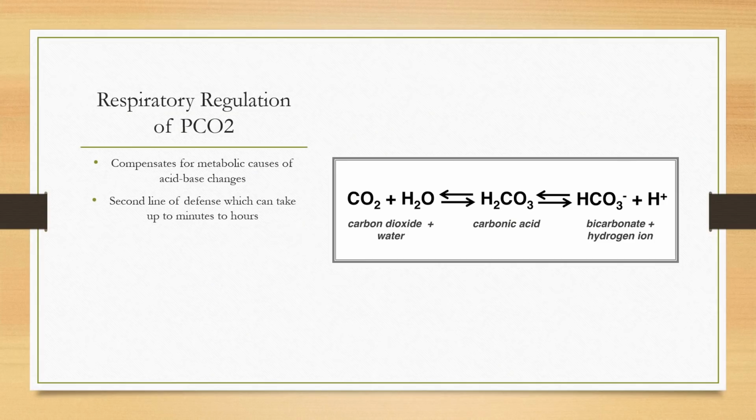So our respiratory system is going to regulate our PCO2. It's going to be able to compensate for metabolic causes of acid-base changes, just like I described in the previous slide. It is what we call our second line of defense, just behind the buffers. The buffers react first to any acid-base changes, so that's our first line of defense, and that's going to minimize changes in pH right there. Then our second line will be the respiratory system to help offset those changes as well.